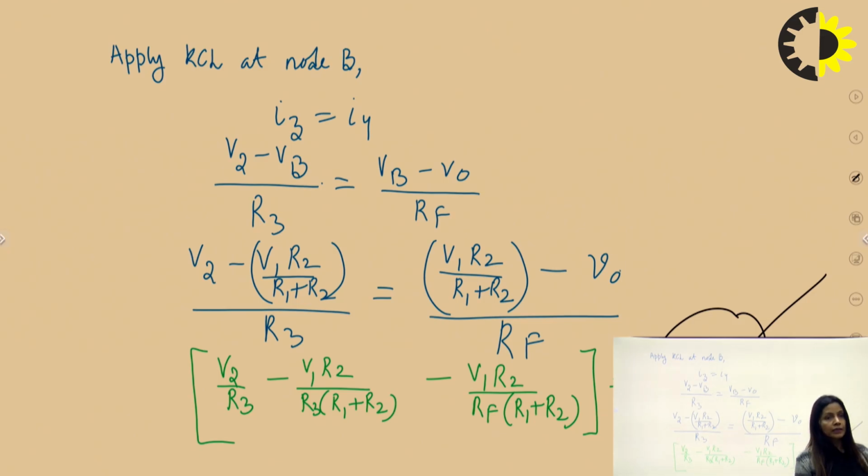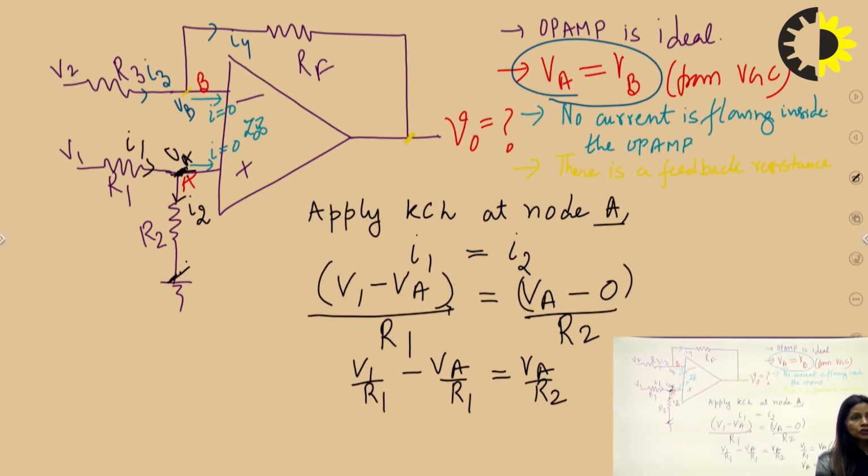So here the concept is very simple: we need to check for the ideality of the Opamp. We will apply the virtual ground concept, and then we don't have any current going through the Opamp. Then we apply VA equal to VB and Kirchhoff current law.